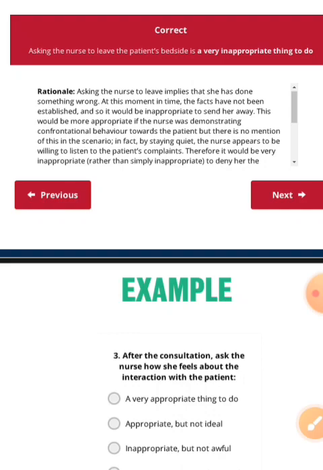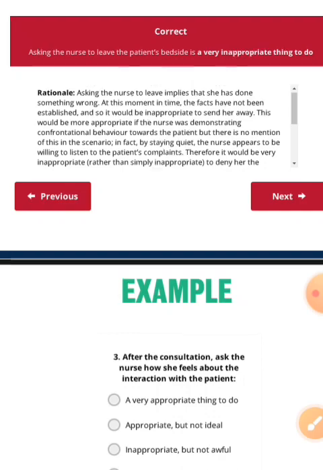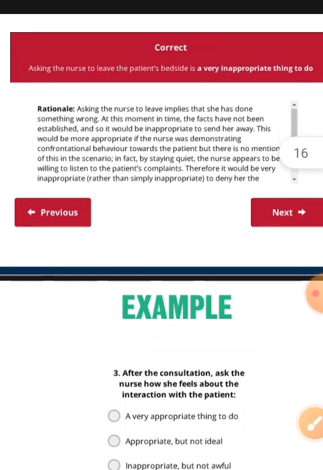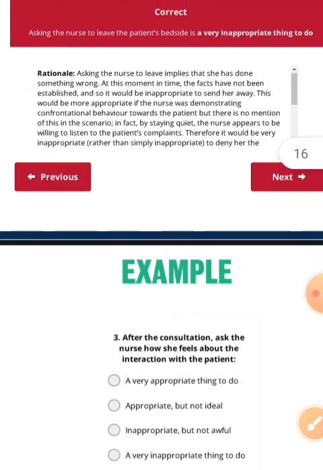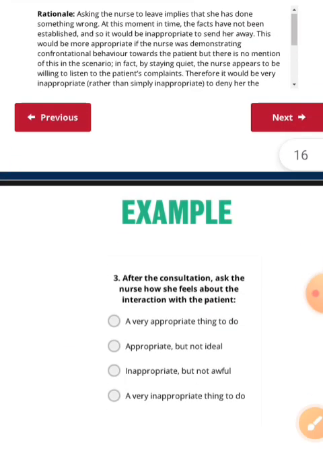So telling her or him to leave the bedside would be an inappropriate thing. That's why we choose inappropriate.